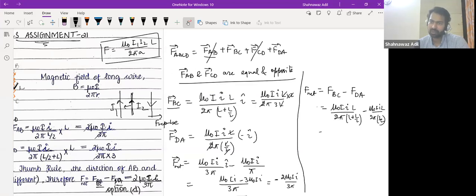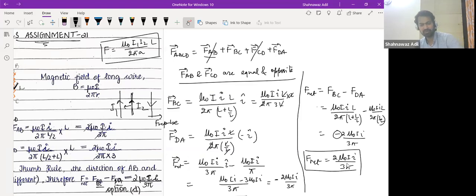In this way we will get the same answer: minus 2 mu naught I by 3 pi. This only tells us that the net force would be attractive. So this is the answer. Everyone understood?